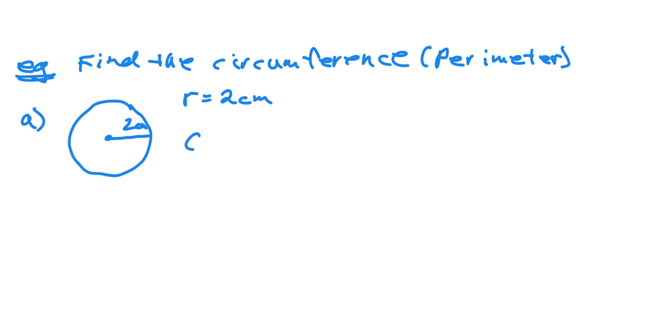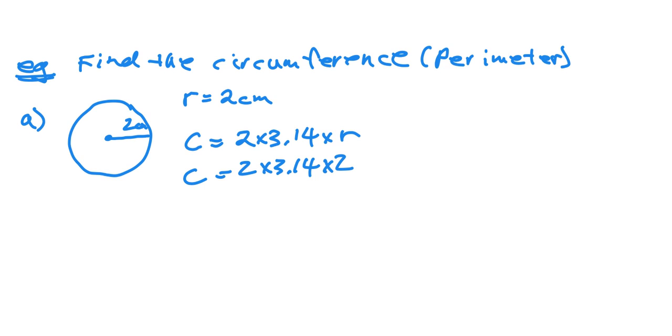I want to know the circumference. So the circumference is equal to 2 times 3.14 times r. So C is equal to 2 times 3.14 times 2 centimeters. So now all we do is we just punch it in, get our answer.